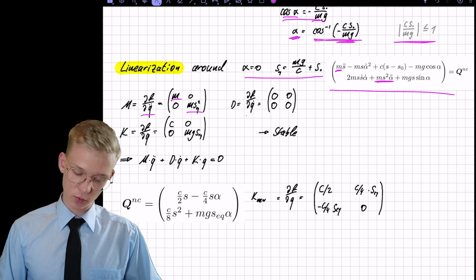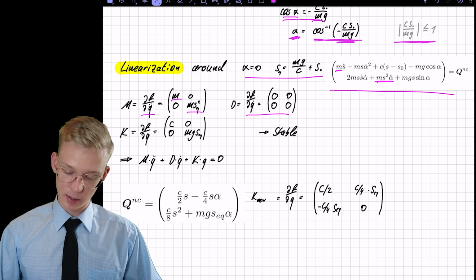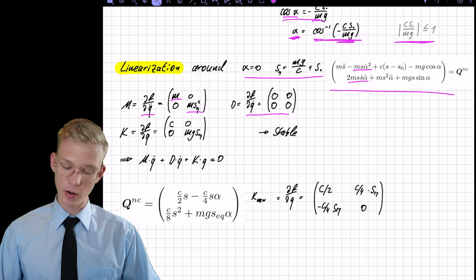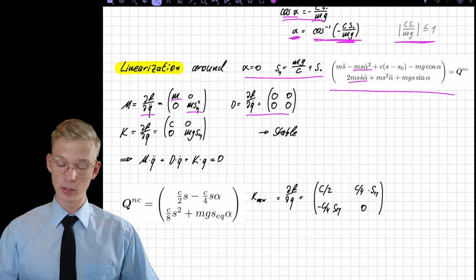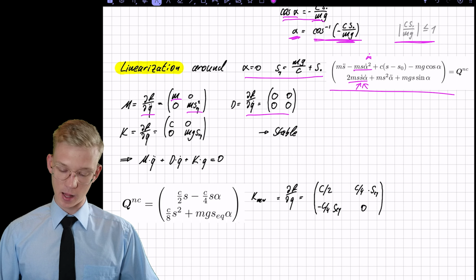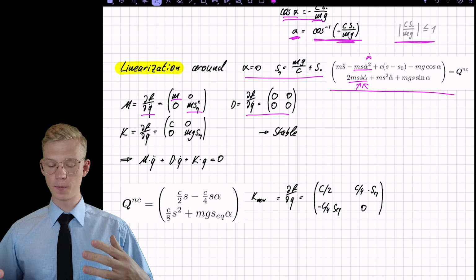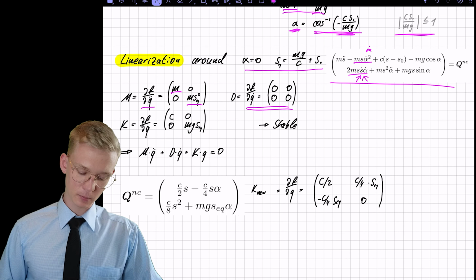For the D matrix, we have to look where we have a Q dot. We have one right there and one right here, but if we derive them partially, there's still one left. So in this case, we have an alpha, or an S, or alpha dot left, and those will be set to 0 at equilibrium, and this is why we have 0 for the D matrix.